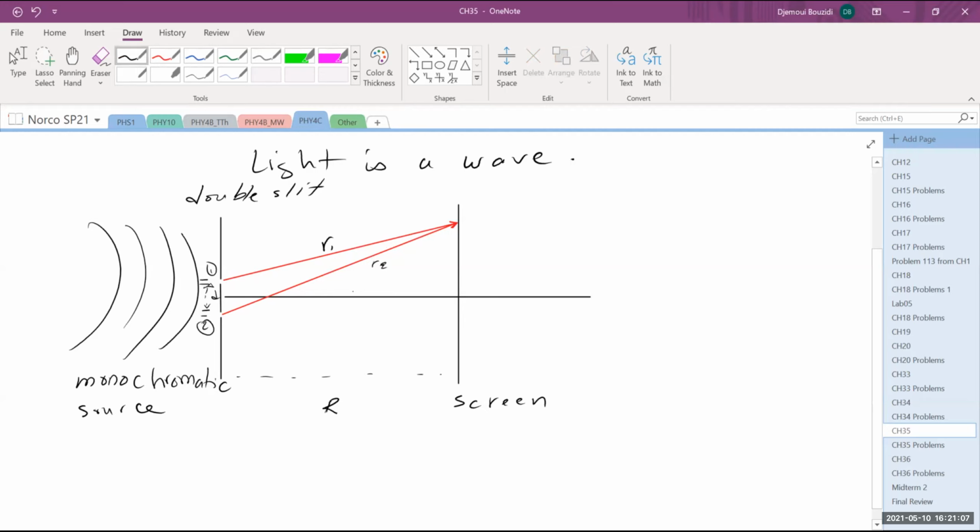Obviously, there is a difference in distance between how much one light travels versus the second one. The difference in the path, which I'm going to call delta, is equal to R2 minus R1, as you can clearly see from this geometry.